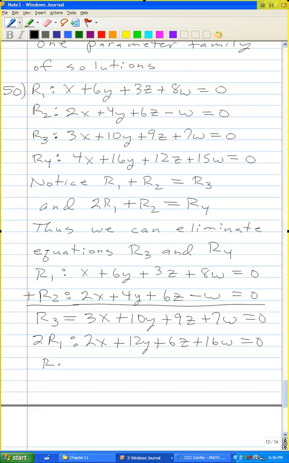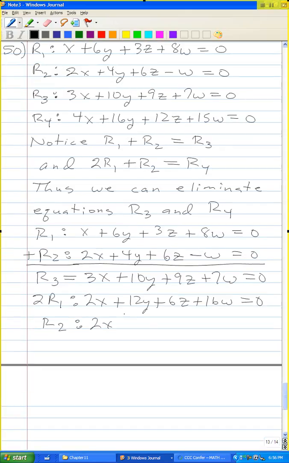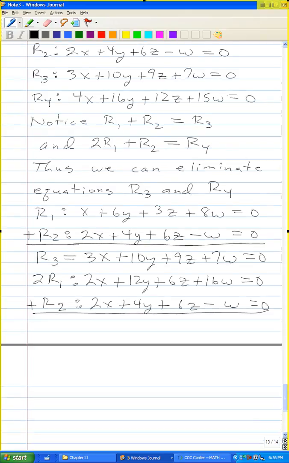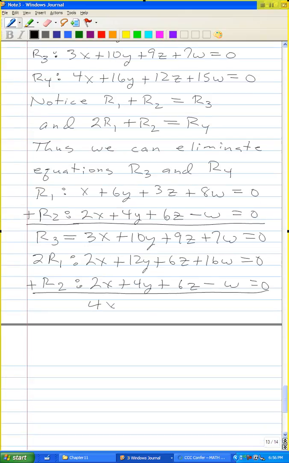And let's look at R2: 2x plus 4y plus 6z minus w is 0. So let's add these. I get 4x plus 16y plus 12z plus 15w is 0.